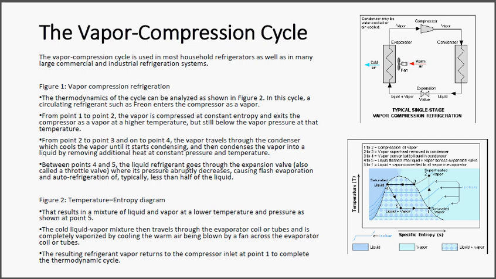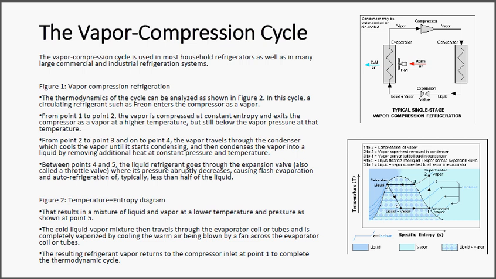And then on the other side, you've got a condenser. The condenser heats up the refrigerant, and the condenser is the place where the vapor is turned back into a liquid. Then we've got a little bit of a valve, and the valve will allow the liquid to go through.